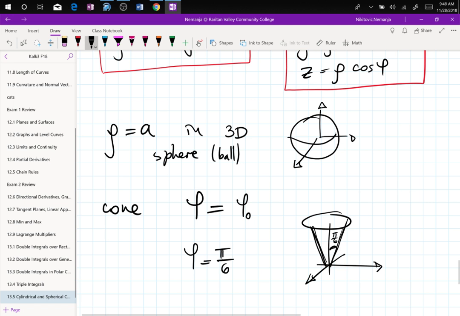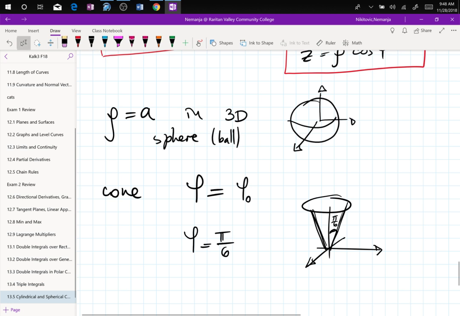This is the equation for the cone in 3D, right? It's going to give you a straight line if you're in 2D. Again, the same game. Do we have a 2D or a 3D equation? If it's a 2D equation, it's just going to give you a straight line on the xy plane going to the origin. But now, since you are in 3D, it gives you the cone, right? Because it doesn't mention theta anywhere, which means we are taking all of the thetas from negative infinity to positive infinity, but all they do is run in a circle like this, creating the cone.